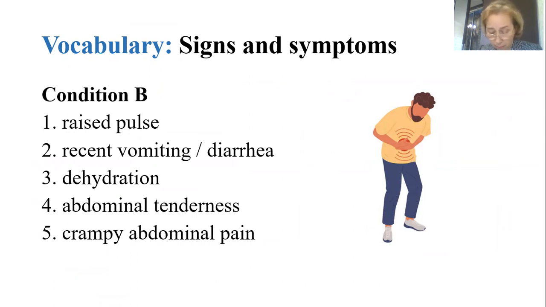Because of the vomiting and diarrhea, abdominal pain. Teacher, maybe gastritis. Gastritis also possible. Or can it be appendicitis? Possible. Yes, also possible. So the problem is that there are a lot of causes that cause just pain in the abdomen.